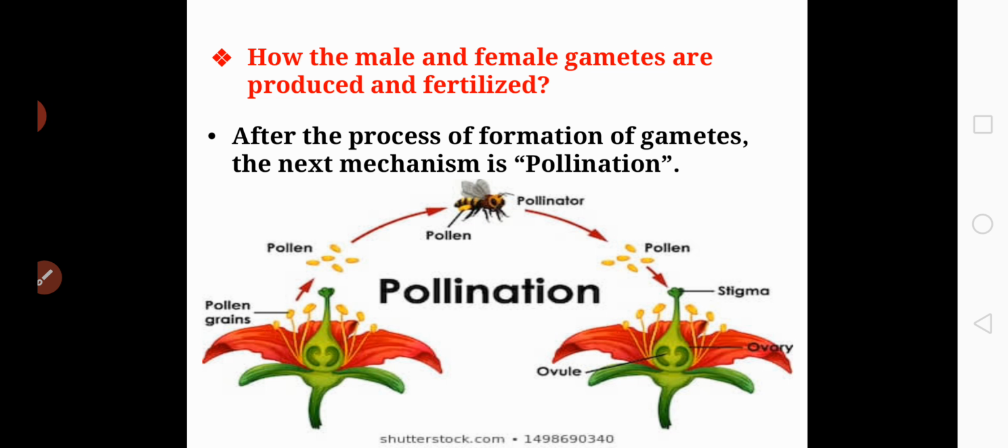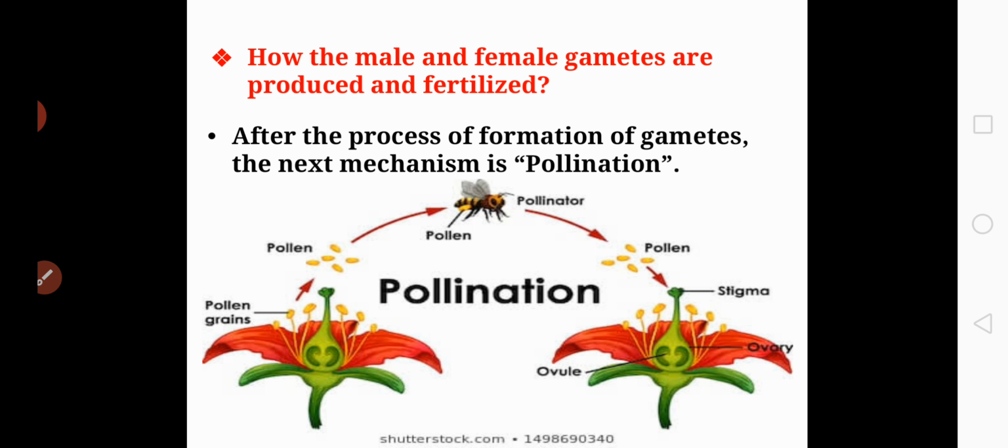Okay, now the female sex organ, that means the pistil, contains three parts, right? The tip portion is the stigma, the middle portion is the style, and the basal portion is the ovary. Now within the ovary, ovules are produced, and these ovules are referred to as megasporangia. Clear?